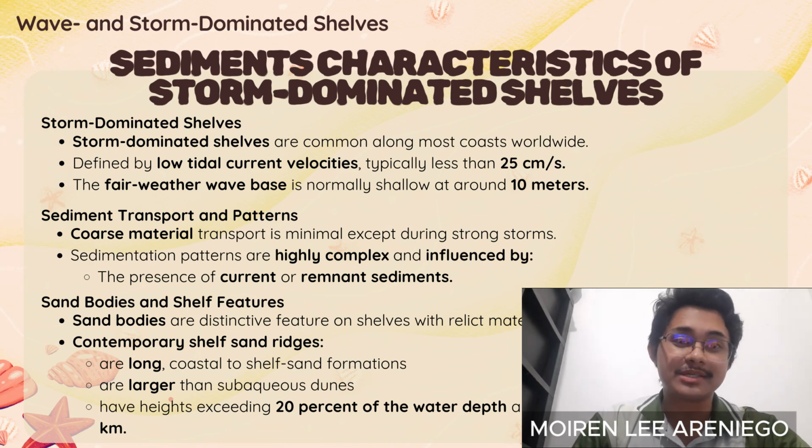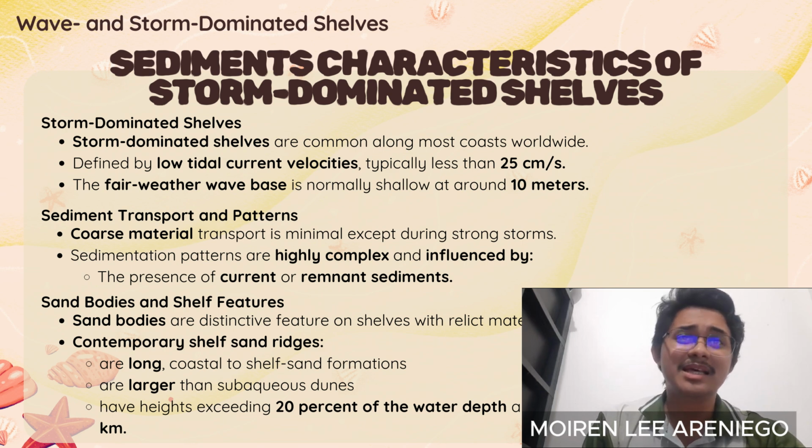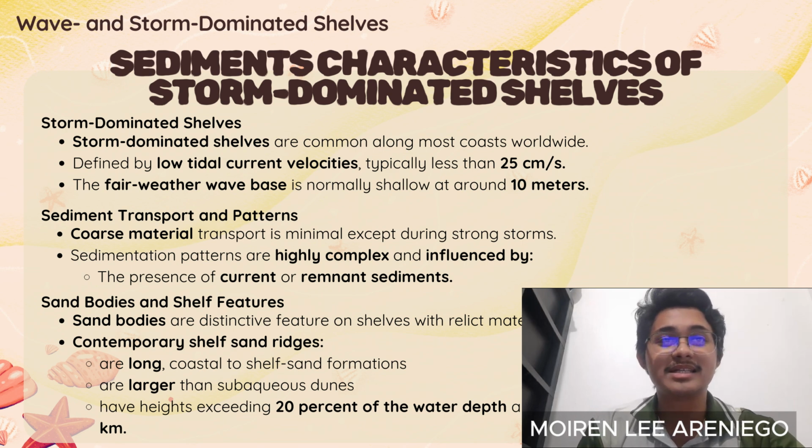The next thing to discuss is the sediment characteristics of storm-dominated shelves. First, again, does anyone know what storm-dominated shelves are? Let me discuss it. Storm-dominated shelves characterize most of the coast worldwide.